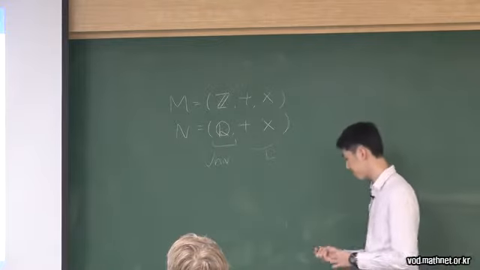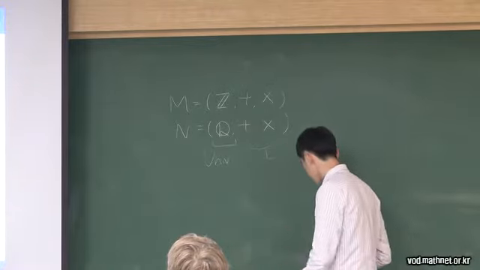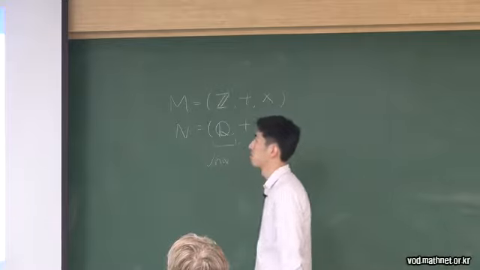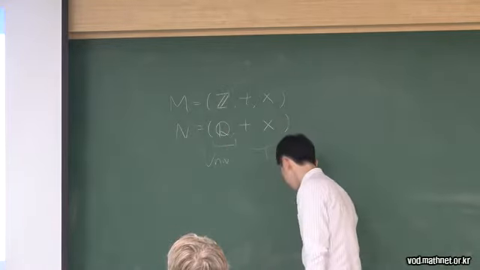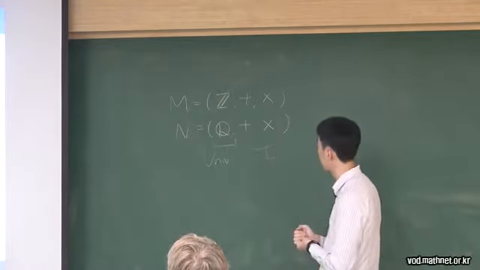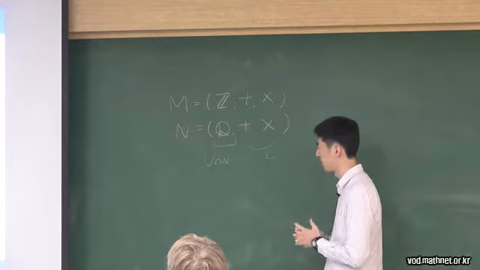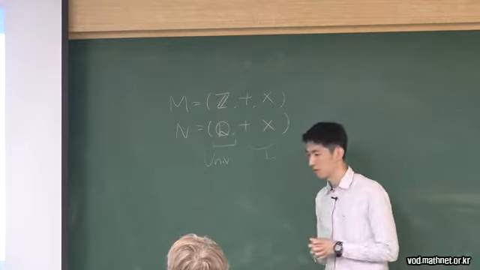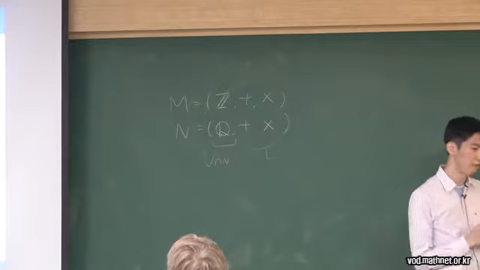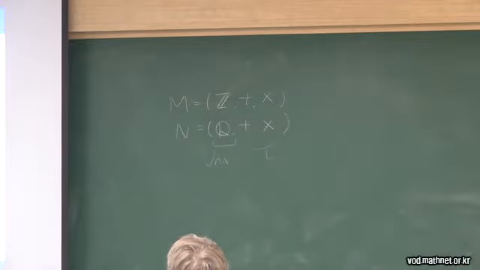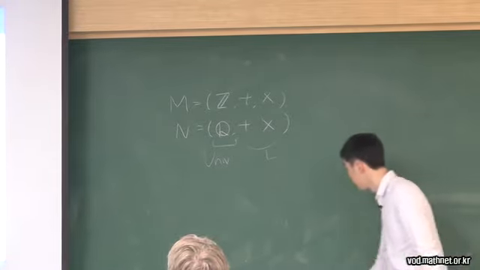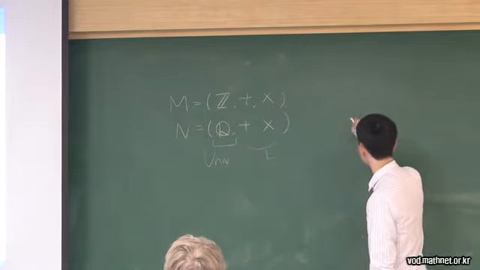So let's go deeper and deeper. If you learned set theory, you probably were shown how to construct rational numbers from integer numbers. That is nothing but this kind of form.